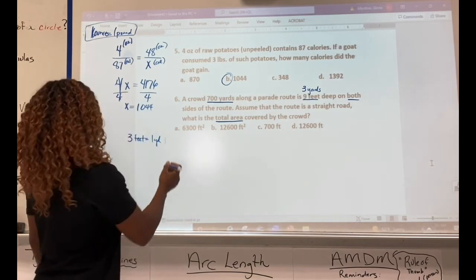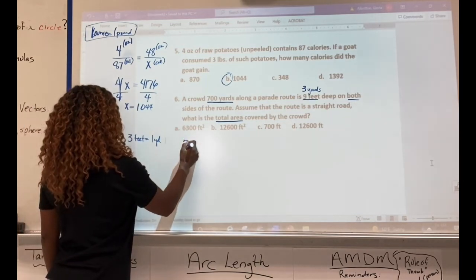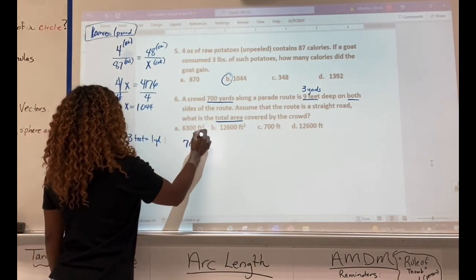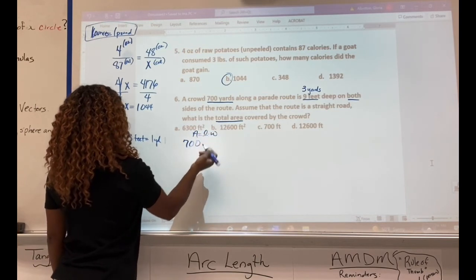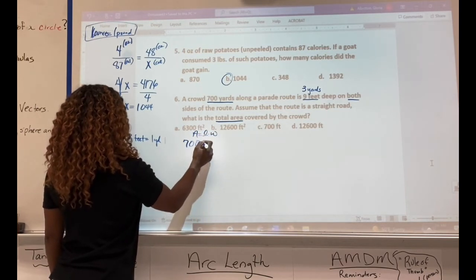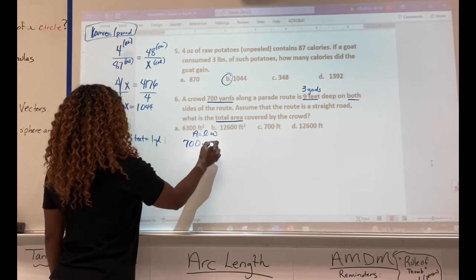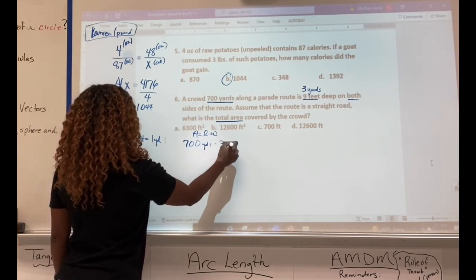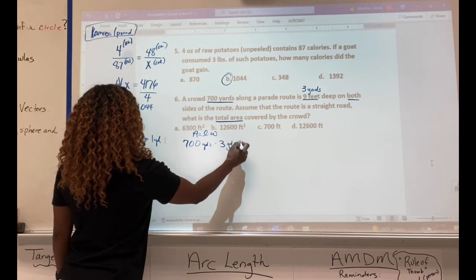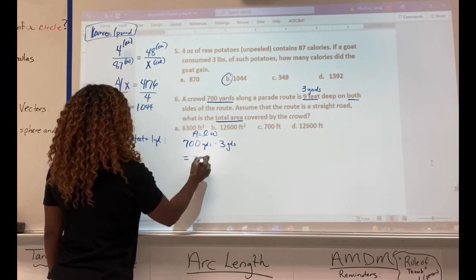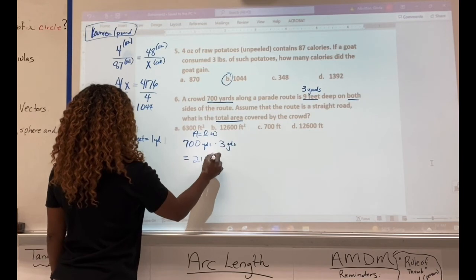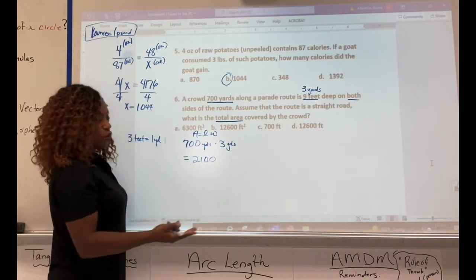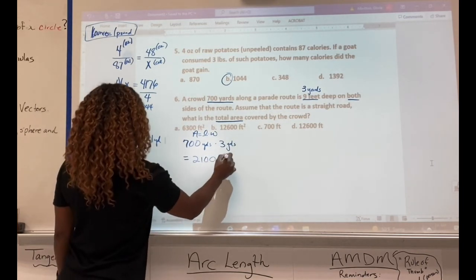Let's do that. So we've got, let's do 700. Remember, area is length times width. So we got 700 yards, and we would multiply that by 3 yards, which would give us 2,100, because 3 times 7 is 21 and the 2 zeros, yards.